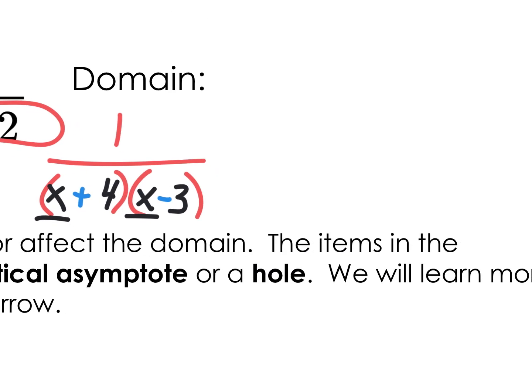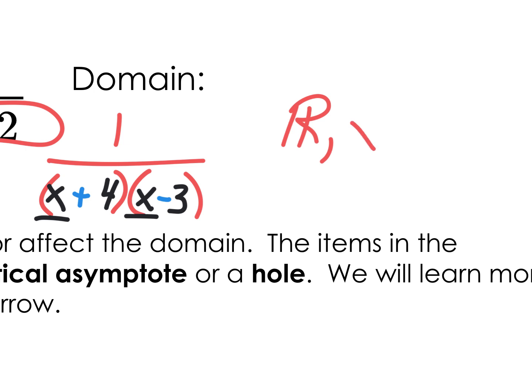So now we can write the domain. Everybody write the domain, and then I'll tell you quick whether you were right or not. Chase, did you start with the big R? The big R. Did you start with the big R for all reals?